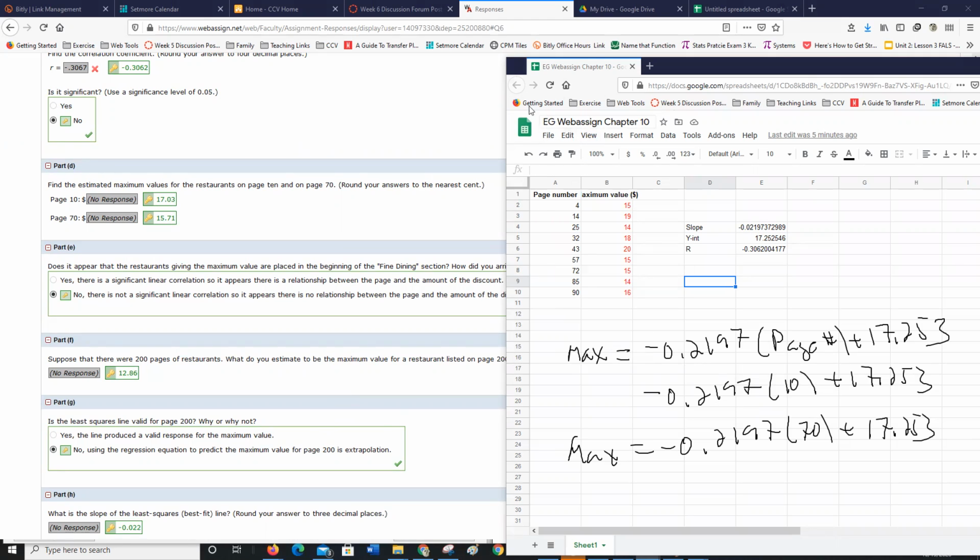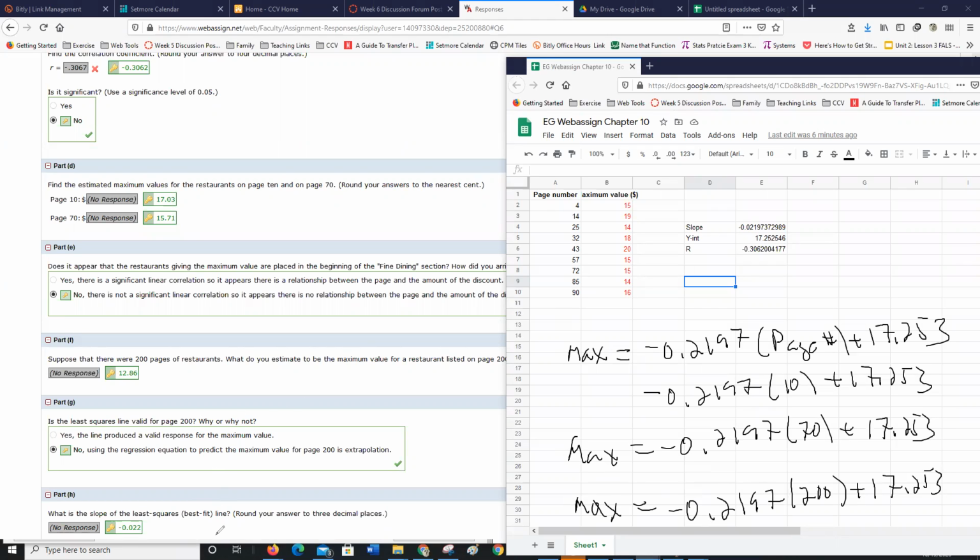But if I'm going to try to use this regression equation for 200 pages, well, that's way outside the data. I mean, the highest number of pages was 90. So this is when we don't know if this linear relationship is still holding. So I don't have any confidence in that prediction. But since they're asking us to do it, let's do it. And that's what we get.